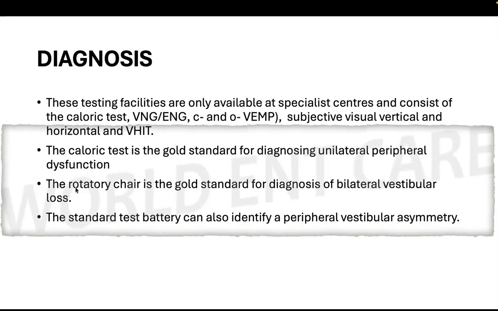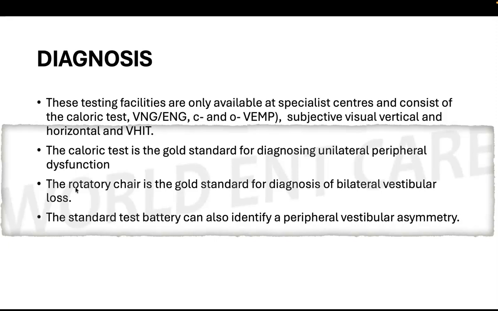The caloric test is the gold standard for diagnosing unilateral peripheral dysfunction, with a reduced or absent response on the affected side. And VNG and ENG recordings of eye movements allow a more detailed evaluation compared to clinical examination, in addition to providing a record of eye movements. And the rotatory chair, used in combination with VNG or ENG, is the gold standard for diagnosis of bilateral vestibular loss. And the standard test battery.